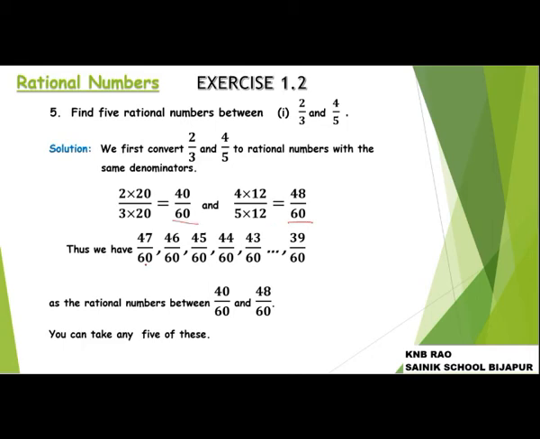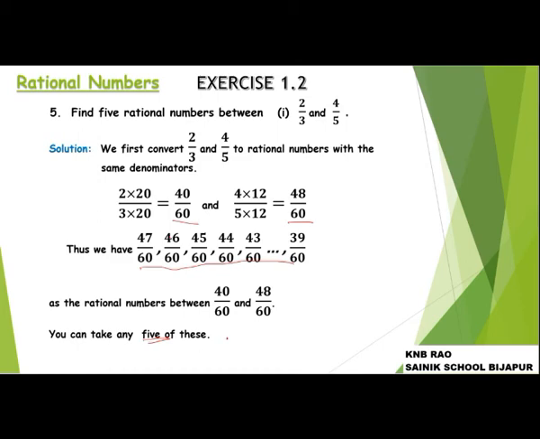Now we can identify so many rational numbers between 40 by 60 and 48 by 60, such as 47 by 60, 46 by 60, 45 by 60, 44 by 60, and so on up to 41 by 60. So you can choose any 5 out of them.